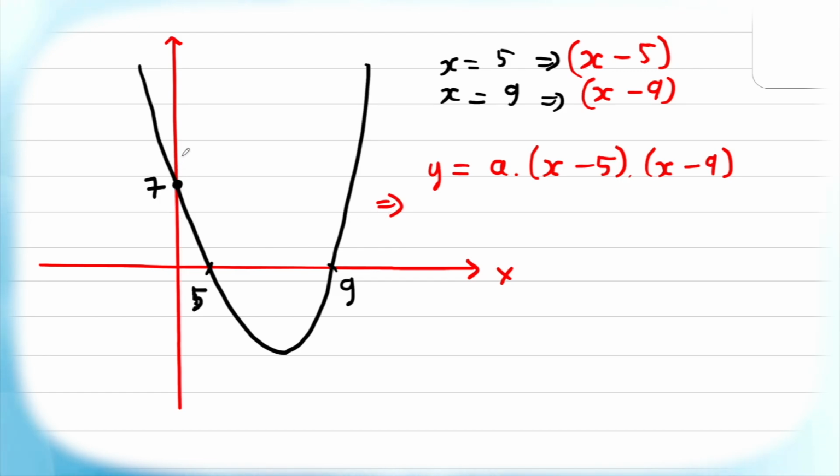And based on this point 0 and 7, the y-intercept, you got here is 7, you got here is 0, substitute it in here, and 0 substitute it in here.